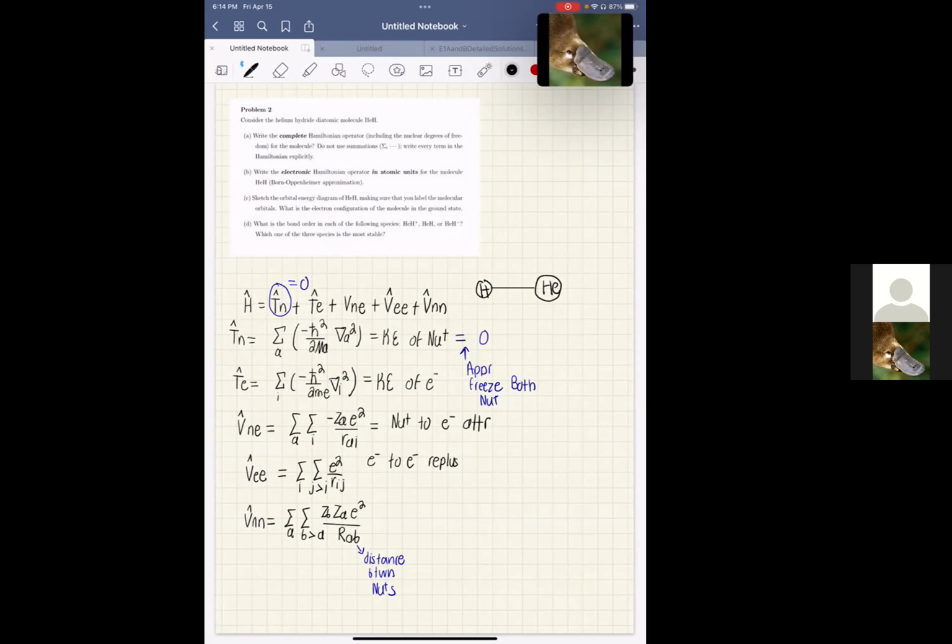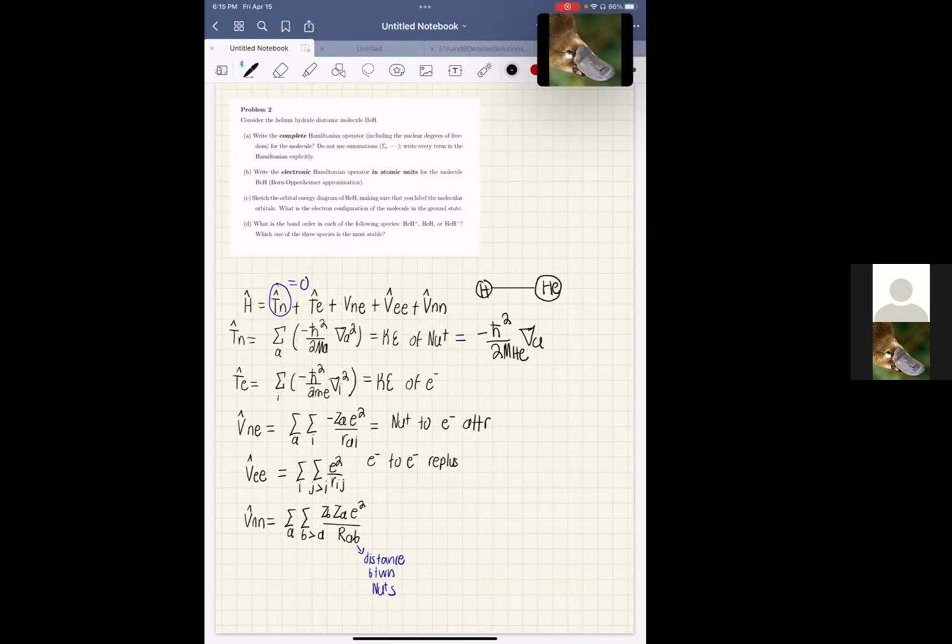So first off, we're going to deal with the kinetic energy of both nuclei on a diatomic. Because there are two atoms on a diatomic, of course, we're going to have two terms. This is equal to negative h bar squared over 2 times the mass of the nuclei. So it's going to be the mass of the hydrogen.